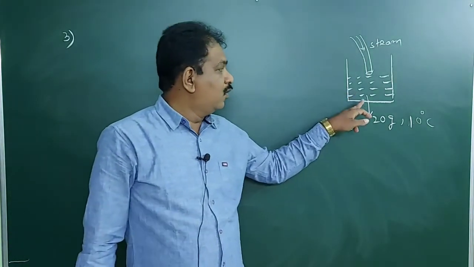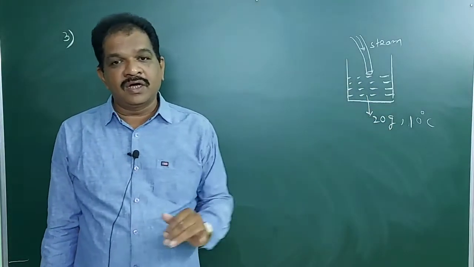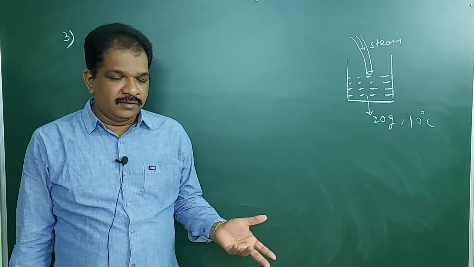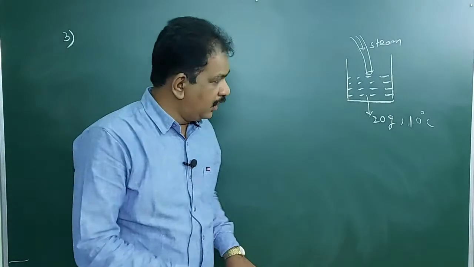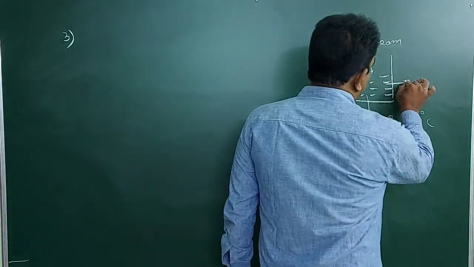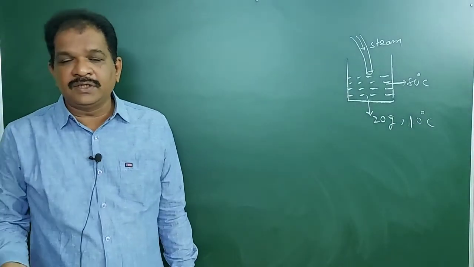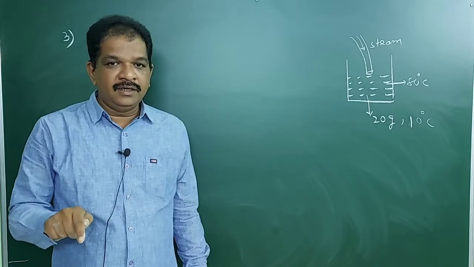Then, how much of that steam is also converted into water? How much mass will be there when the water temperature came to 80 degrees centigrade? So here which is losing heat? Steam. Which is gaining heat?